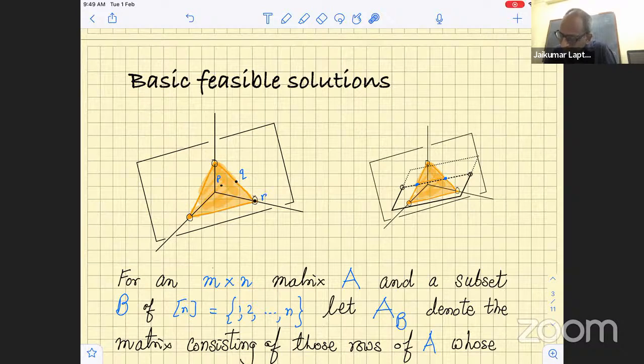I'll tell you very soon, but the geometric picture that you should have is that this point P is not a basic feasible solution. This point Q is not a basic feasible solution. These are feasible solutions, but they are not basic feasible. But somehow this point R is a basic feasible solution.